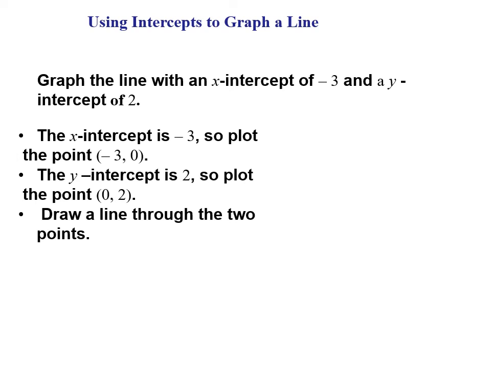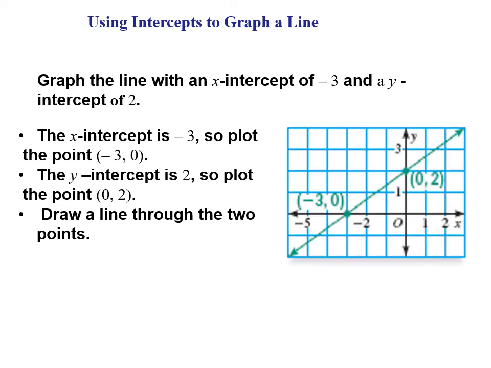The x-intercept is -3, so let's plot the point (-3, 0). The y-intercept is 2, so let's plot the point (0, 2). That will give us 2 points through which we may draw a line with a straight edge, and voila, we have the graph of our line.